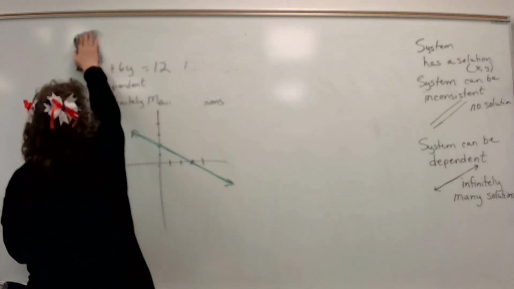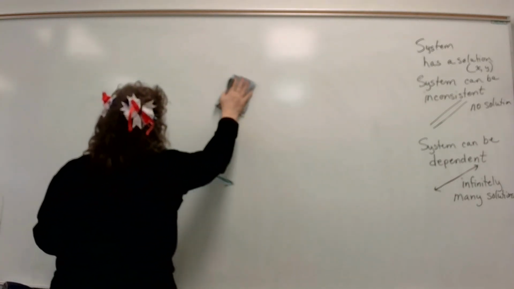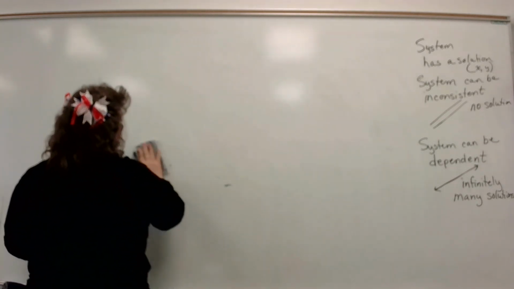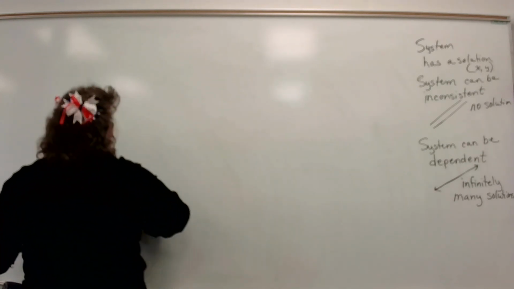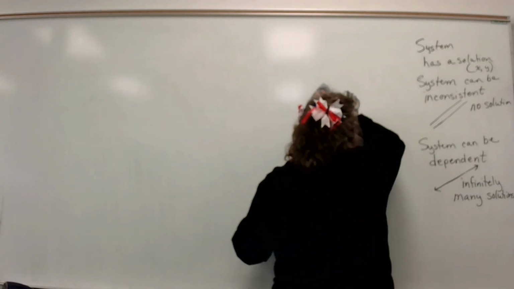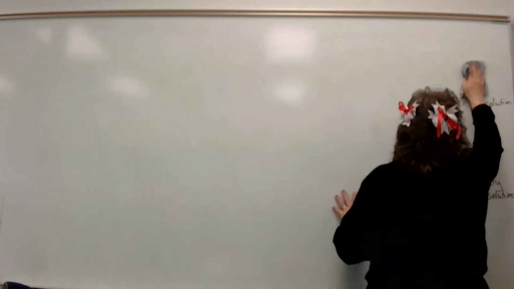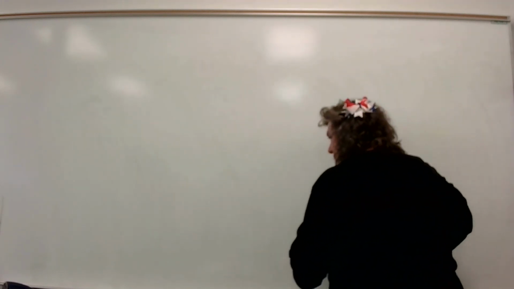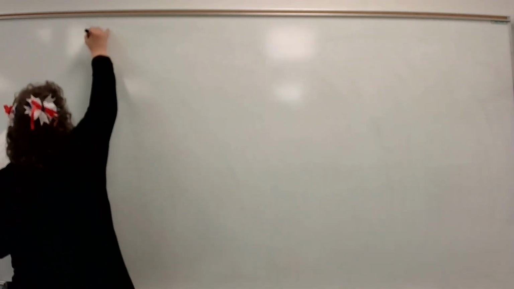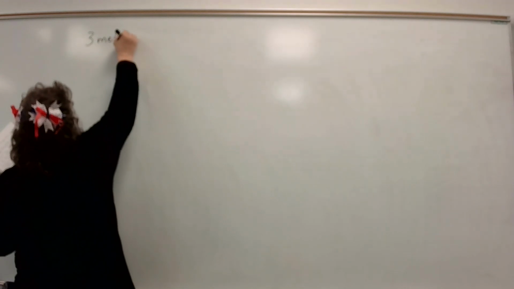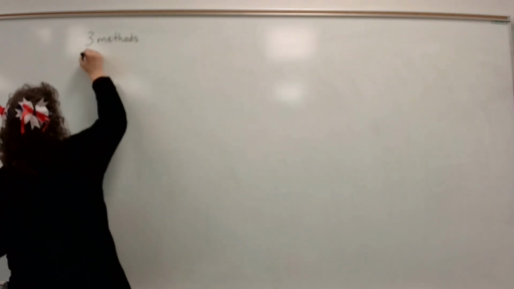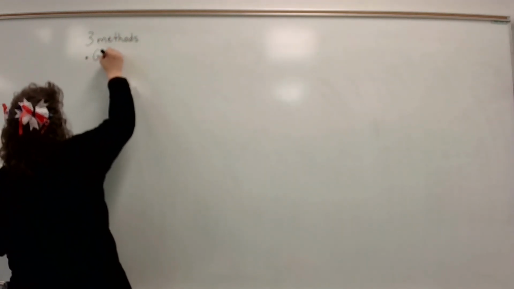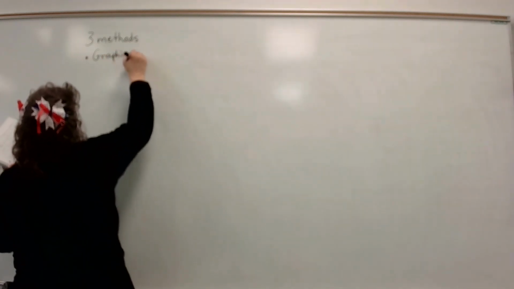So how do we solve a system of equations? We have three methods of solving these. The first method we already talked about is graphing, and we talked about the problems with graphing.